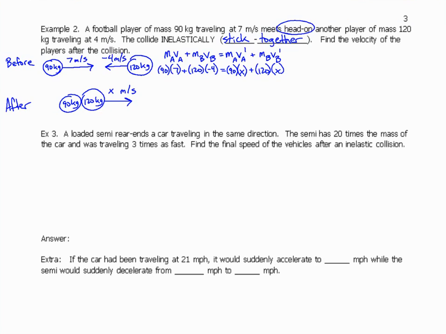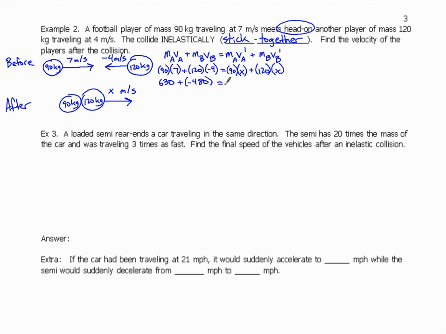So we're going to go ahead here and solve for x. 90 times 7, so 9 times 7 is 63. 90 times 7 is 630. Plus 12 times 4 is 48. 120 times 4, this is -480.